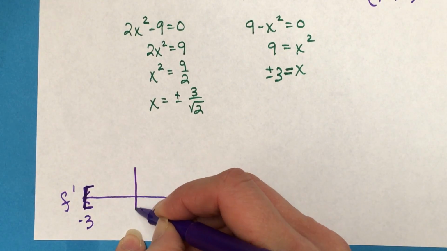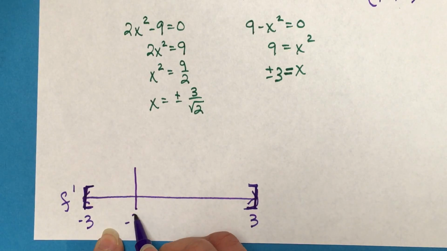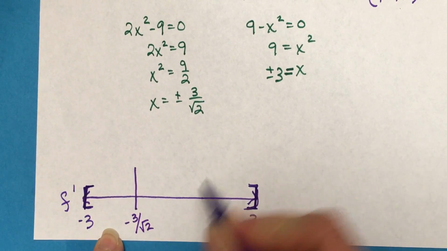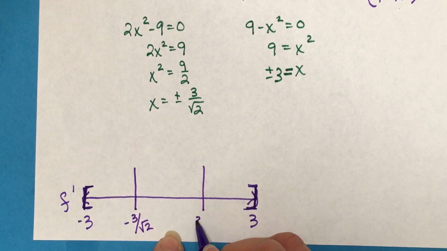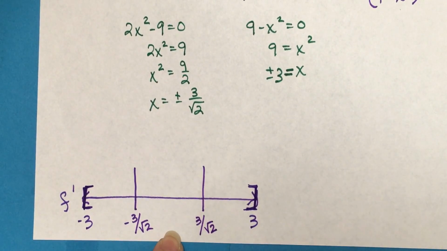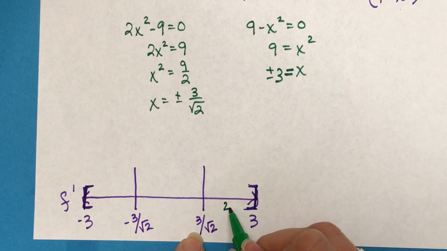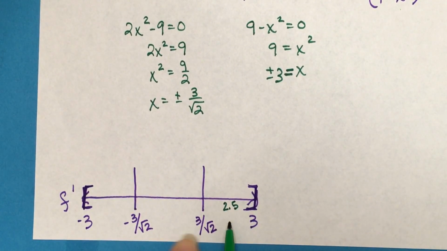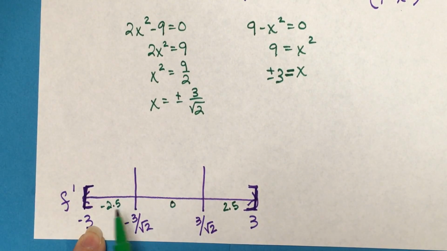So mark this one off. So that's going to be the -3 over square root 2. And then here would be the +3 over square root 2. All right, so since this is approximately 2.1, then I could use like 2.5 for this interval. I could use 0 here and then -2.5 here.